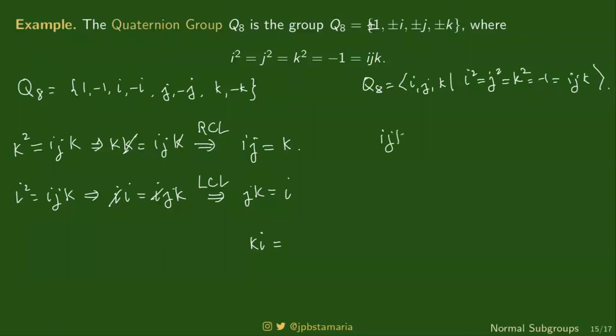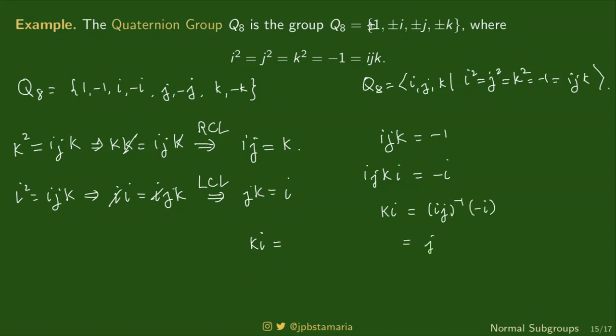So, IJK is -1, di ba? Pag nag-multiply ako ng I sa kanan, gusto ko minus I. So, how do we get KI? Ang KI ngayon ay IJ inverse times minus I.